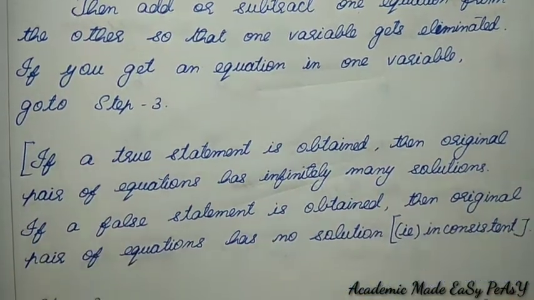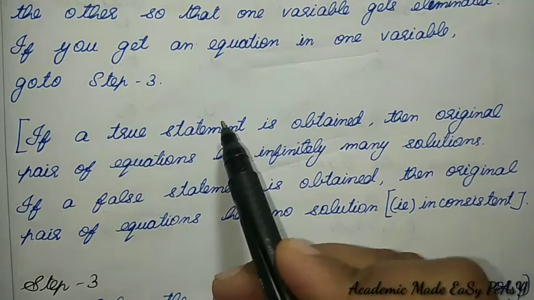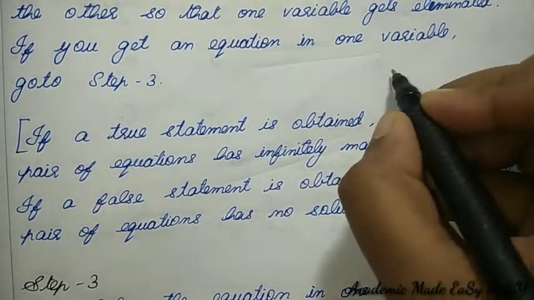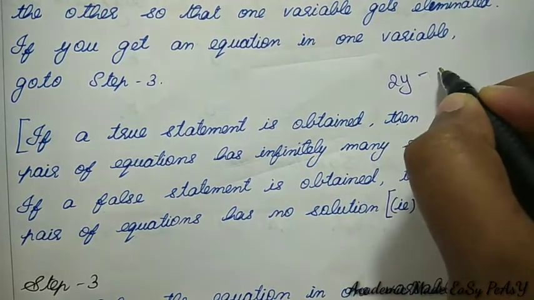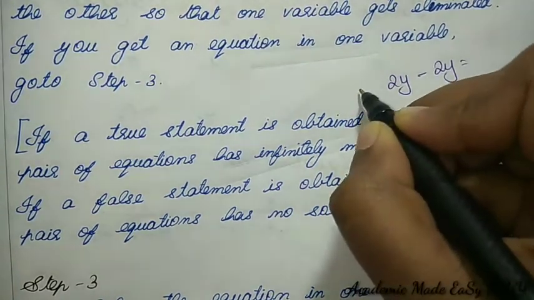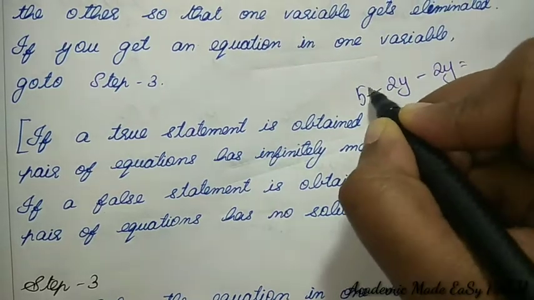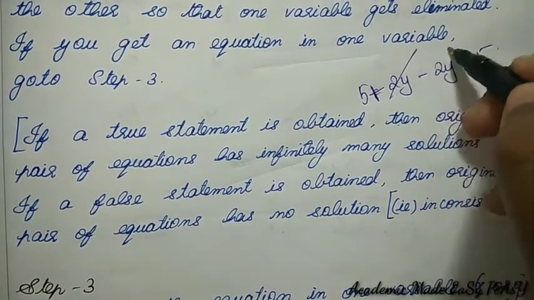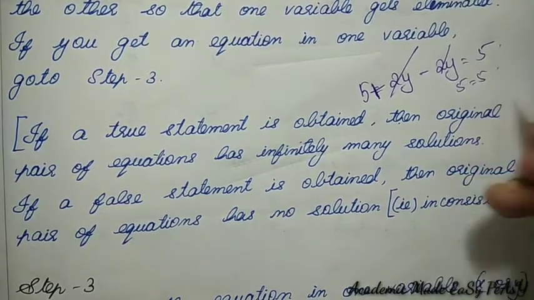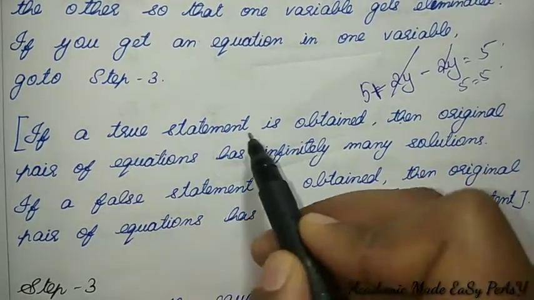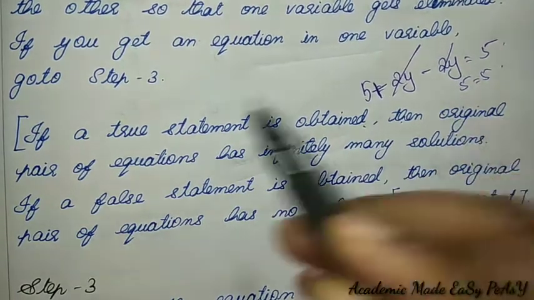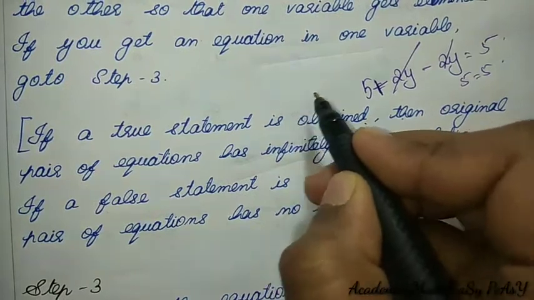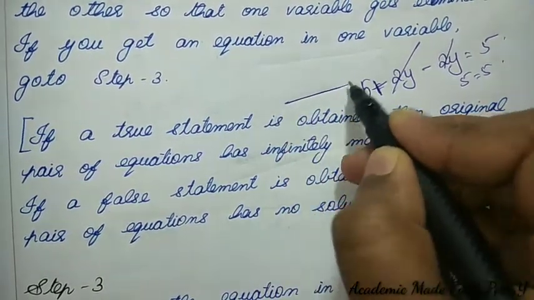Or else, if a true statement is obtained, for example, 5 plus 2y minus 2y is equal to 5, we will be cancelling these two and we will be having 5 is equal to 5 only, no? So if a true statement is obtained, then the original pair of equations has infinitely many solutions. It means they have coincident lines.